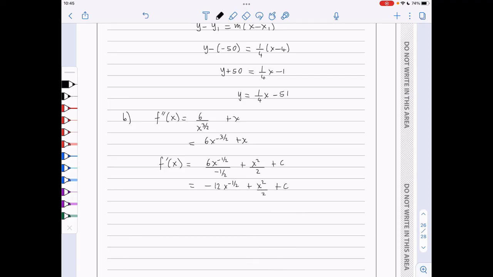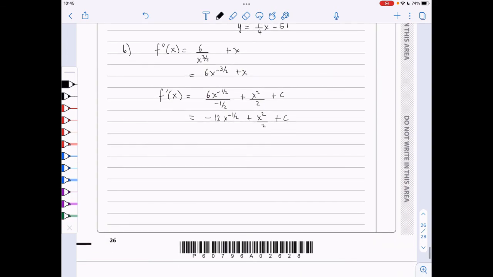I'm going to use the fact that f dash of 4 is negative 4, because at the point P with x coordinate 4, the gradient of the tangent was negative 4. I will substitute this into the expression we just obtained to find the value of the constant c.